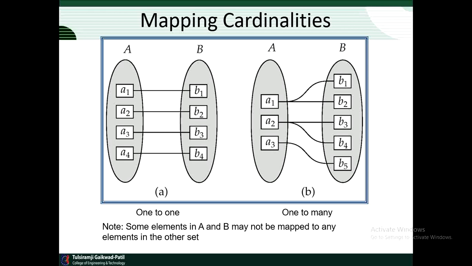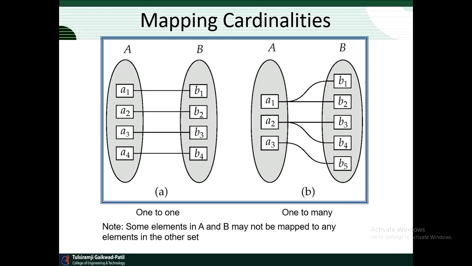So one-to-one mapping cardinality associates one attribute with one attribute among the available entity sets. Then one-to-many mapping cardinality is represented by figure B, where entity set A has attributes A1, A2 and A3. Likewise, entity set B has attributes B1, B2, B3, B4 and B5.